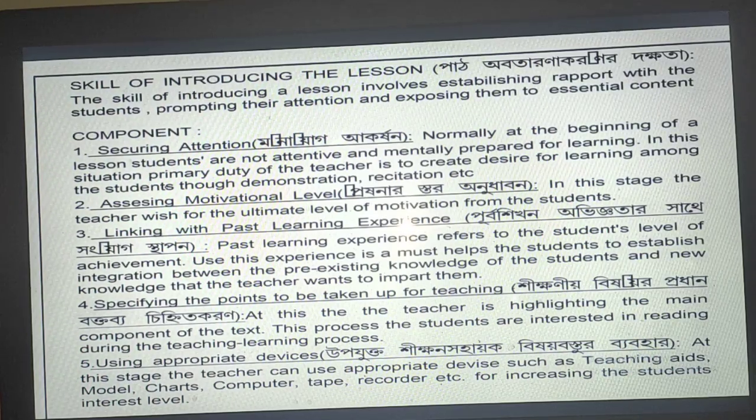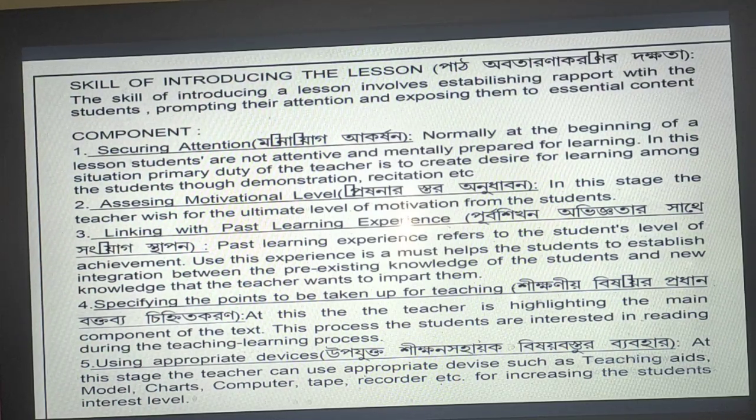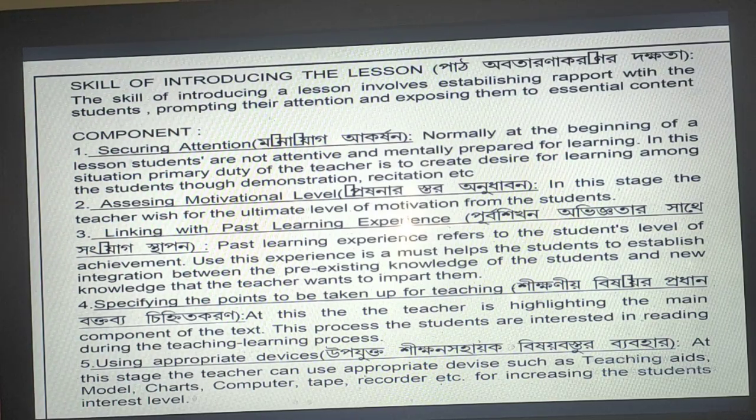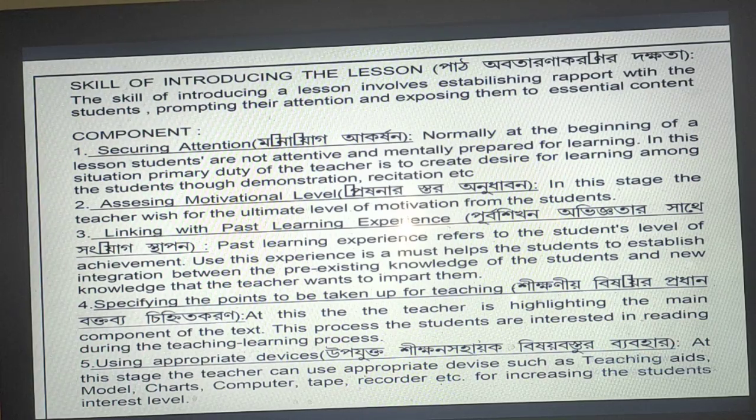When the teacher enters the class, the students are not attentive. They are engaged in different types of activities. At that time, the teacher has to create attention among the students. That's why the first point is securing attention.